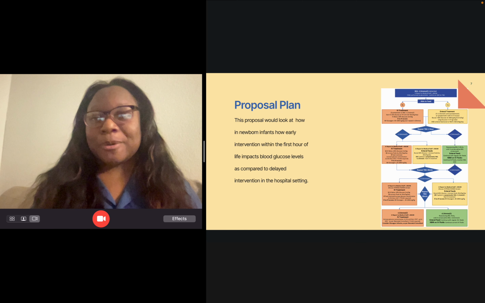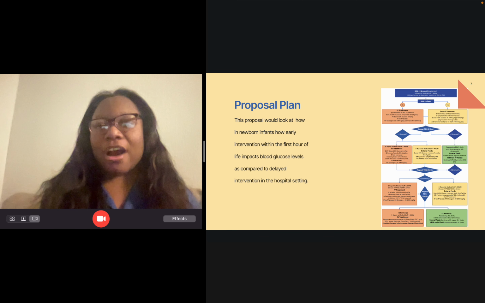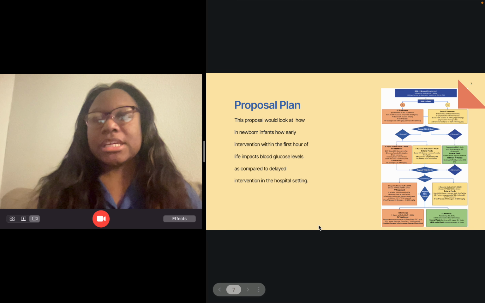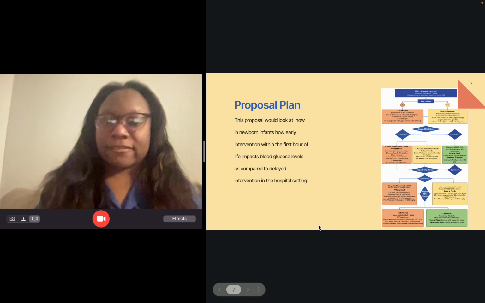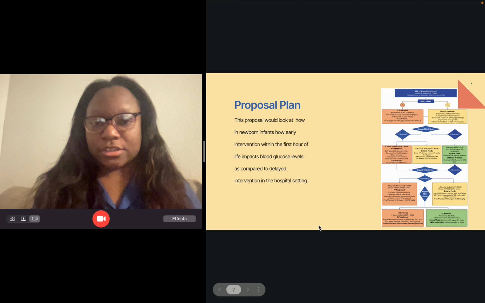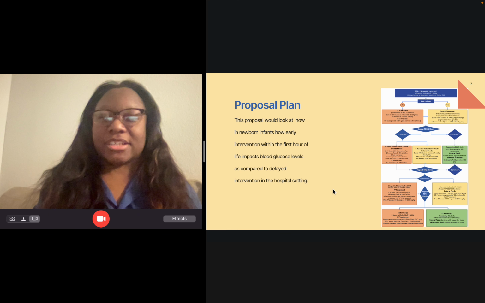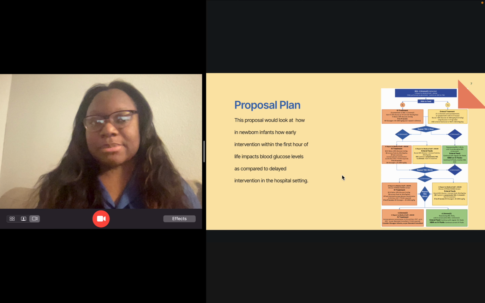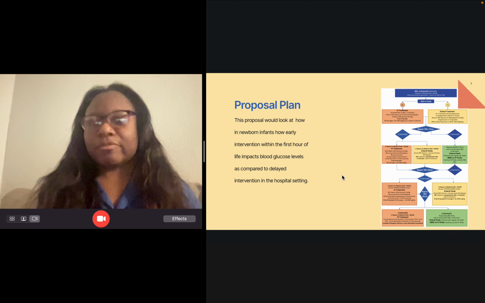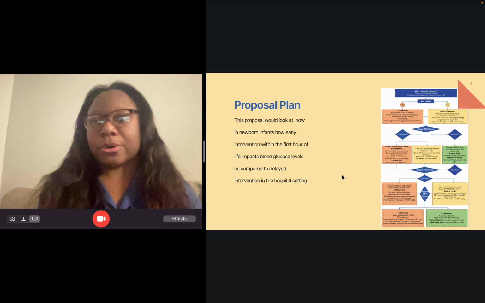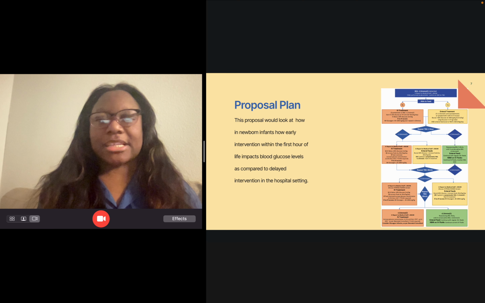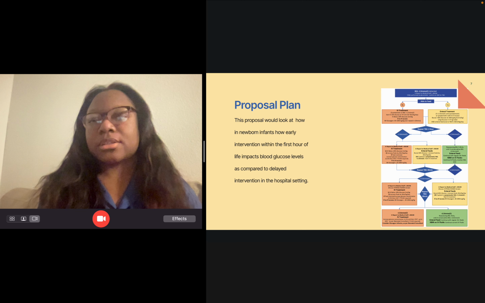So, my proposal plan is looking at how, in newborn infants, early intervention within that first hour of life would impact their glucose levels as compared to delayed intervention in the hospital setting. On the screen, you can see a typical protocol for testing these newborn infants that we know are at risk.